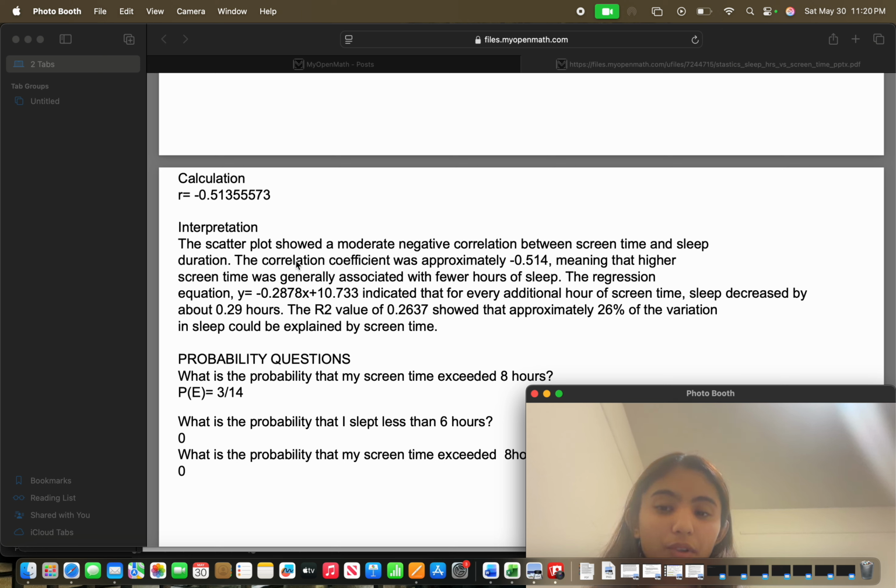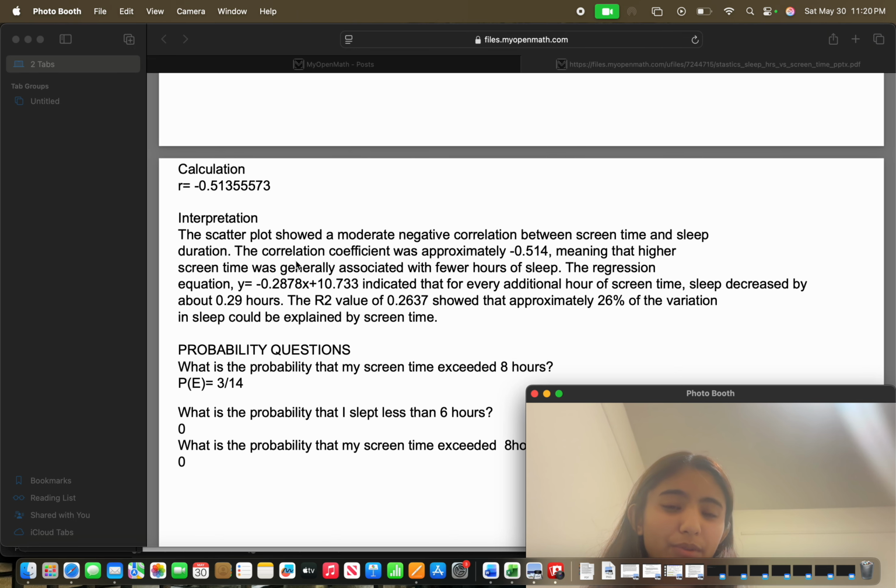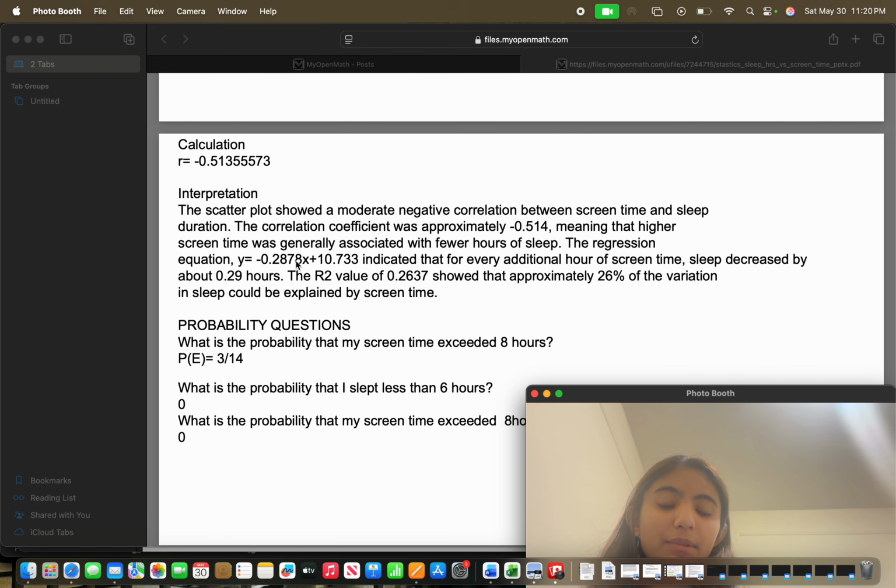The regression equation, y equals minus 0.2878x plus 10.733, indicated that for every additional hour of screen time, sleep decreased by about 0.29 hours, which basically means 17 or 18 minutes. The r square value of 0.2637 means that approximately 26% of the variation in sleep could be explained by screen time.